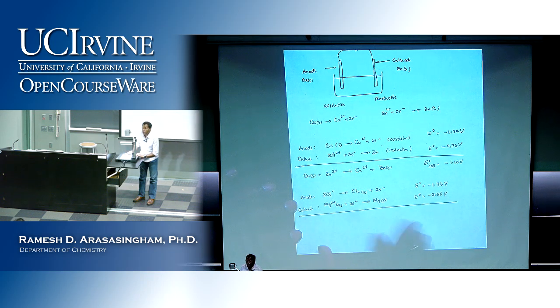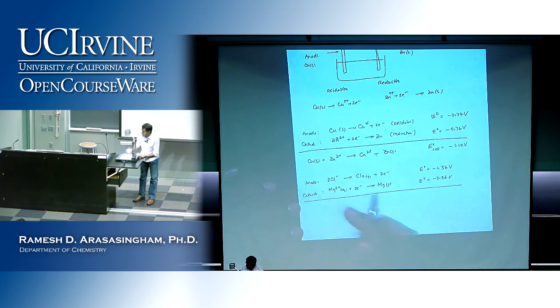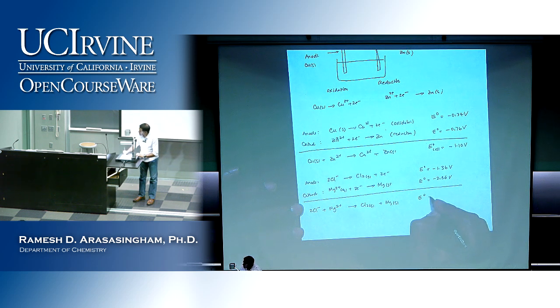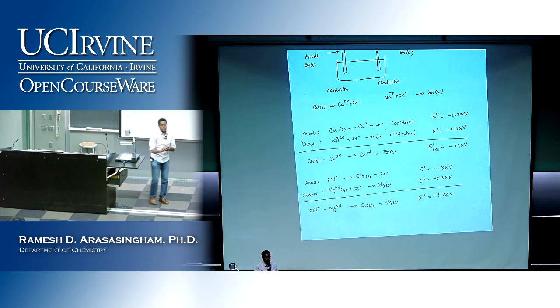Therefore, if you want the whole cell potential for this, you add the 2 reactions up, so you have 2 Cl minus plus Mg2 plus giving you Cl2 gas plus magnesium solid, and this will come out to be negative 3.72 volts.